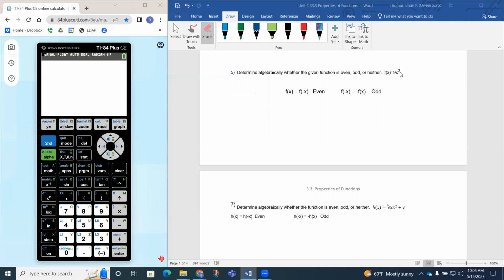Now, if I want to verify this algebraically, we have two rules. f of x has to equal f of negative x. This is going to be even. In other words, we have what's called y-axis symmetry.